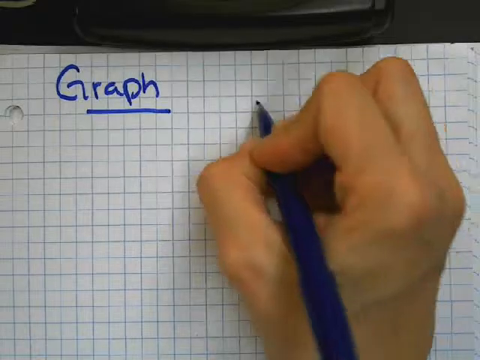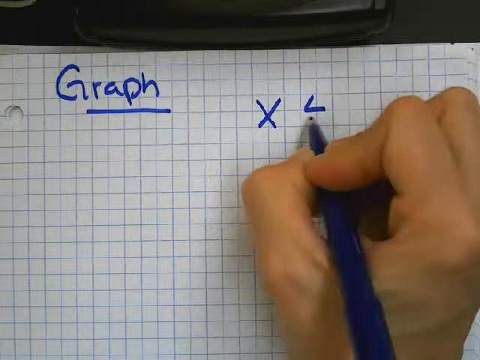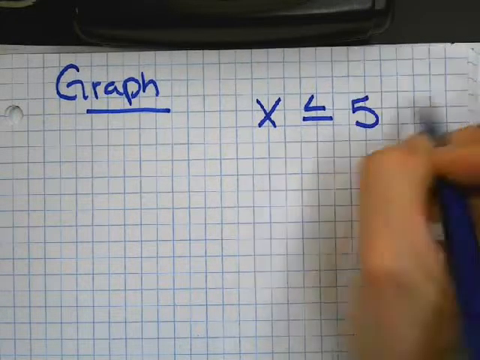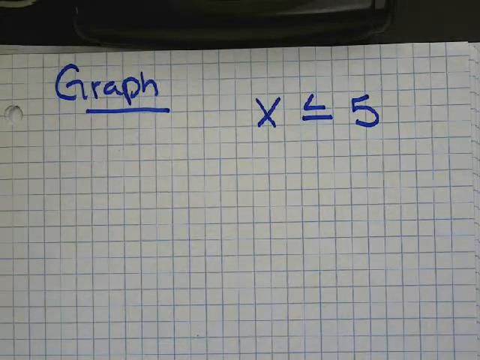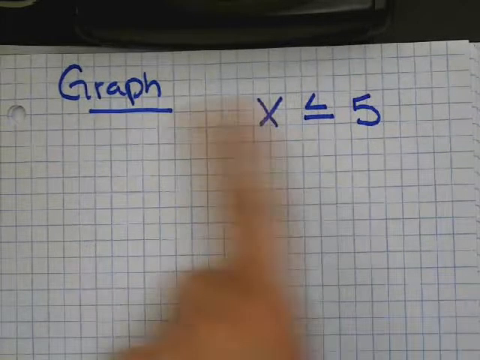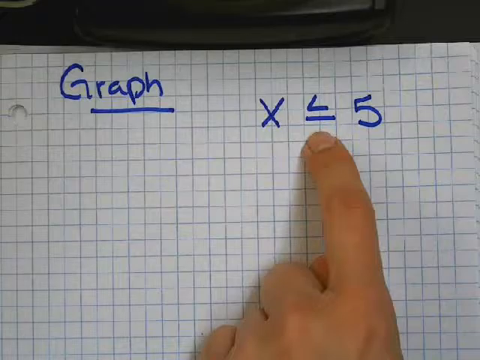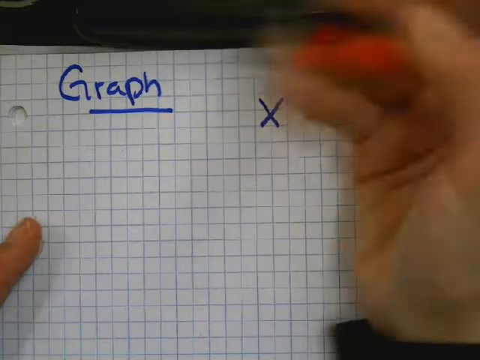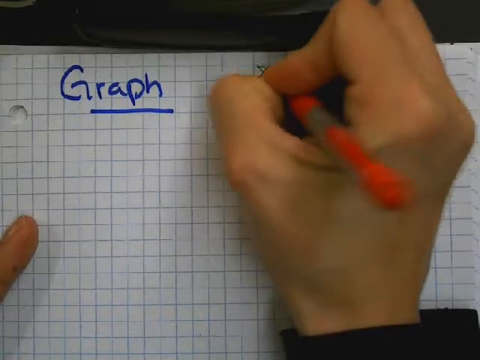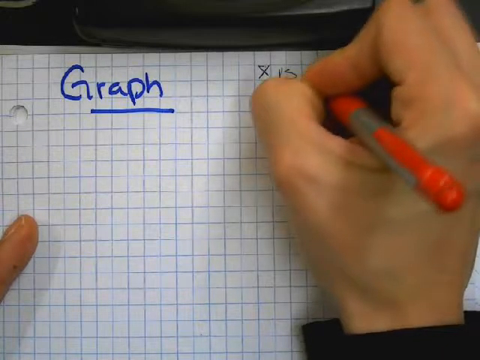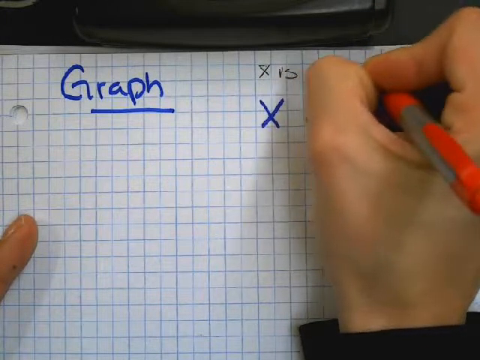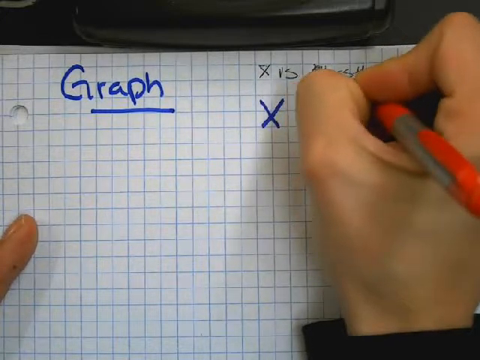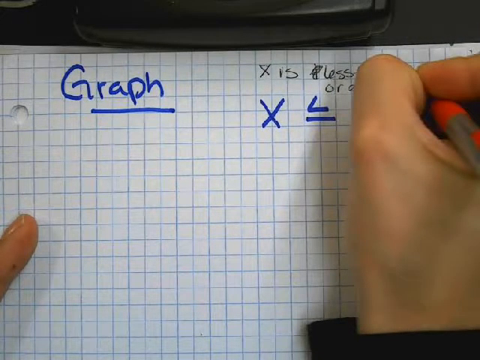So I give you the inequality x is less than or equal to 5. So everybody write graph, and everybody write x is less than or equal to 5.